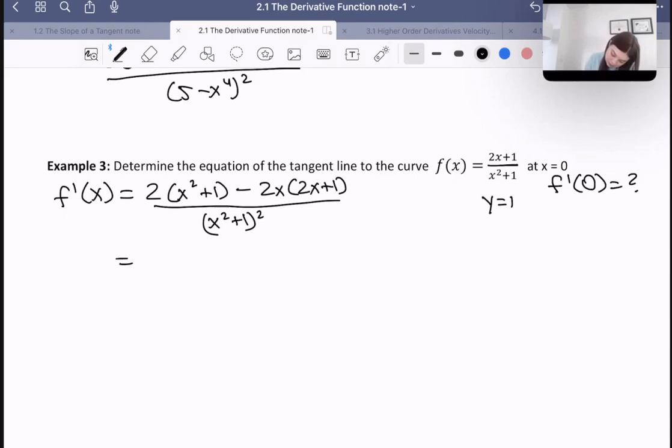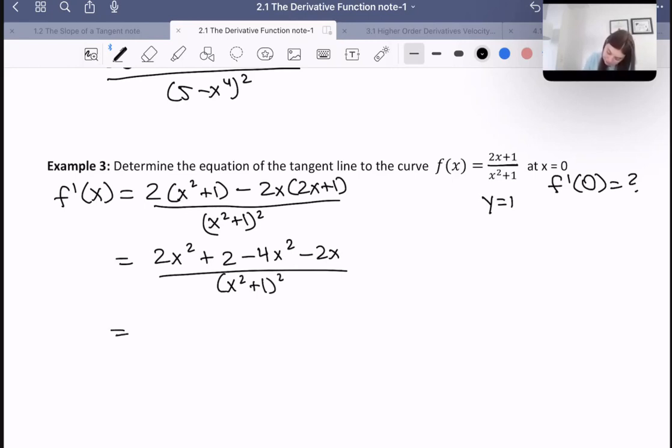So that is equal to 2x squared plus 2 minus 4x squared minus 2x over x squared plus 1 squared. And that's equal to negative 2x squared minus 2x plus 2 over x squared plus 1 squared.